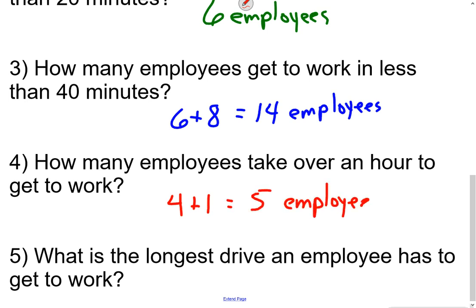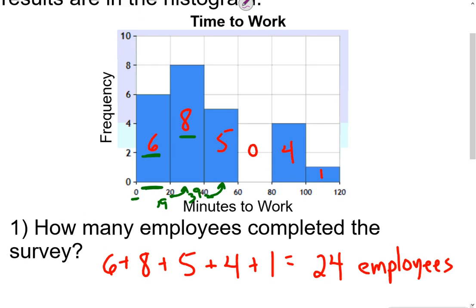And now, last but not least, what is the longest drive an employee has to get to work? Now, I'm going to interpret this where it says longest as length. How far, how many miles is it to work? So if that's the case, I look up here and I go, do I know how many miles these employees drive to get to work?